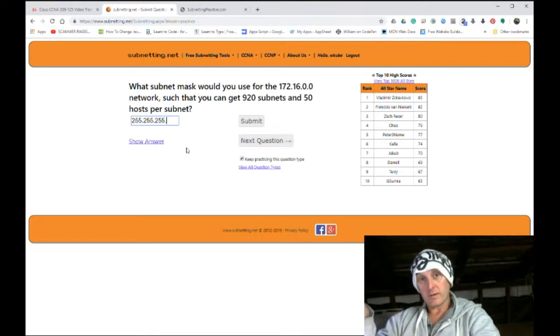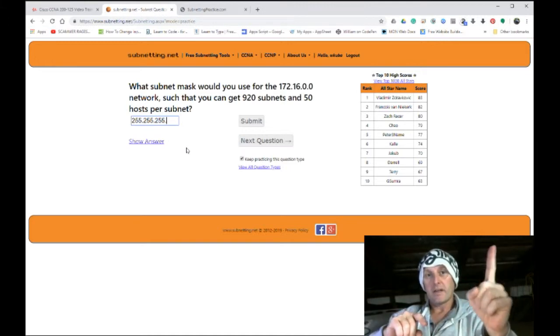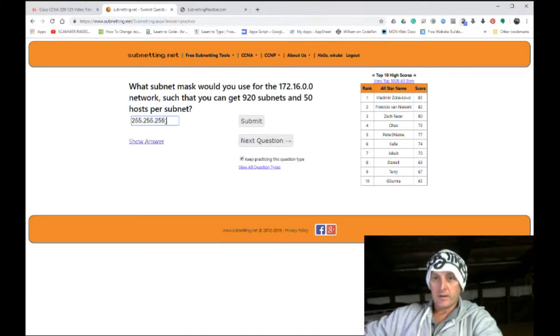If you go back another one, it's not doubling for networks from left to right. It's 128, and then it goes 192. So we start from 128.